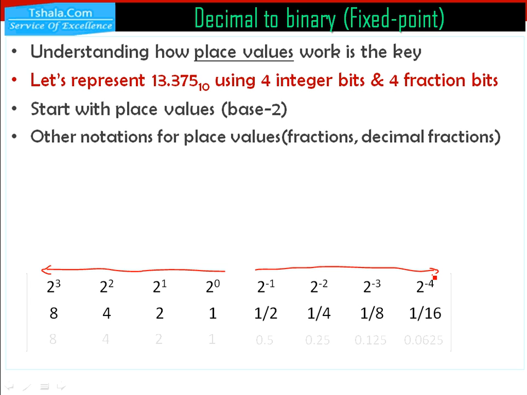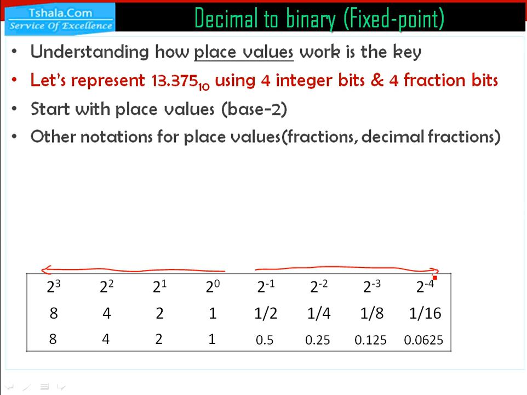Note that we have other notation. We can use base 2, using 2 to the power of something, as we've done in row number 1. Row number 2 is using fractions, which is equivalent to row 1, or we can also use the decimal fraction, which is in row number 3.